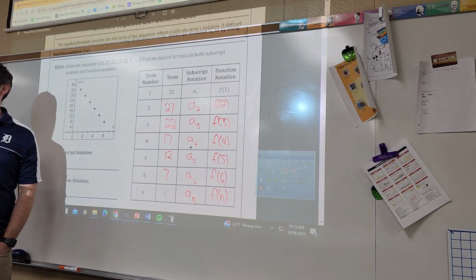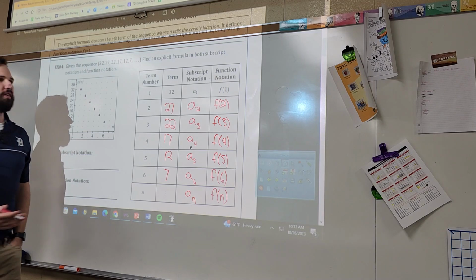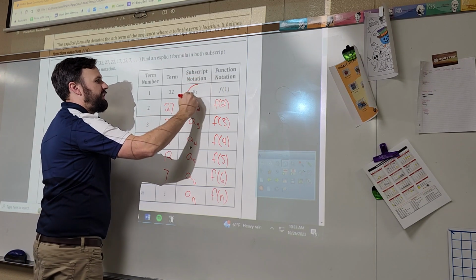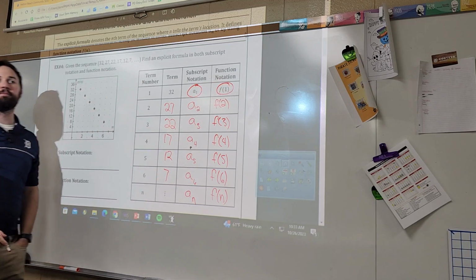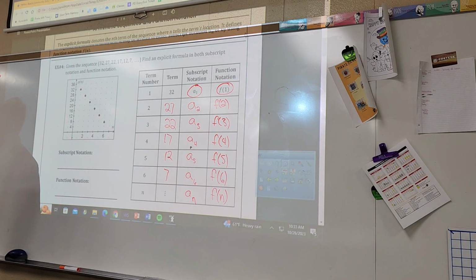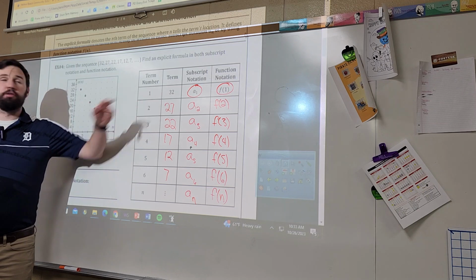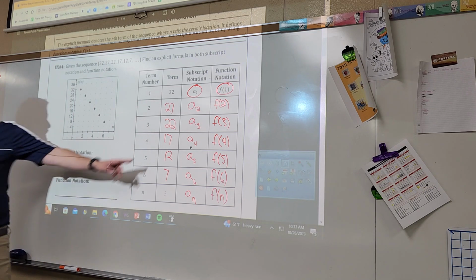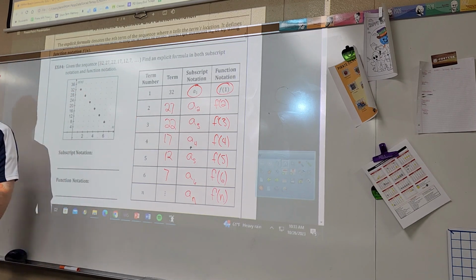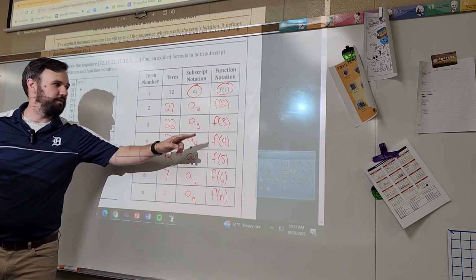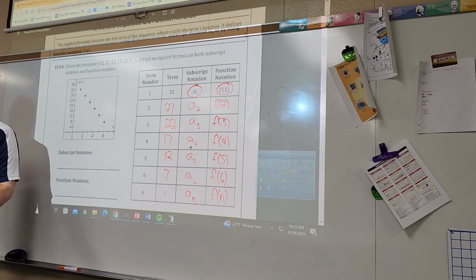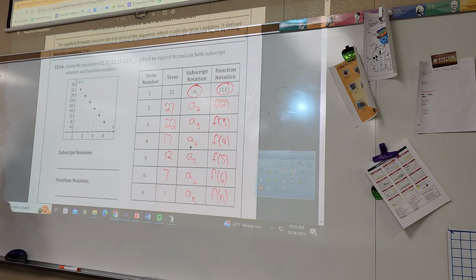What I want you to recognize when we're dealing with our sequences is this and this are the same thing, right? A sub 1, f of 1, all equal 32. A sub 2, f of 2 is 27. All these are the same thing. They're my y, they're my f of, they're my a sub, they're my terms, right? It's good for us to break this down and know what's equivalent, because remember, questions sometimes aren't very straightforward.